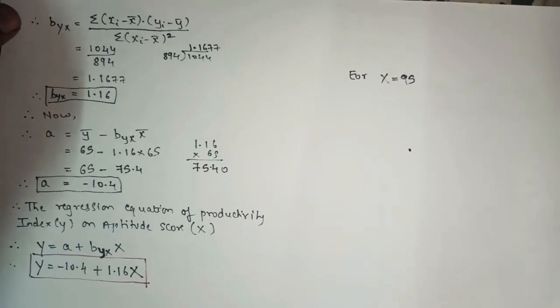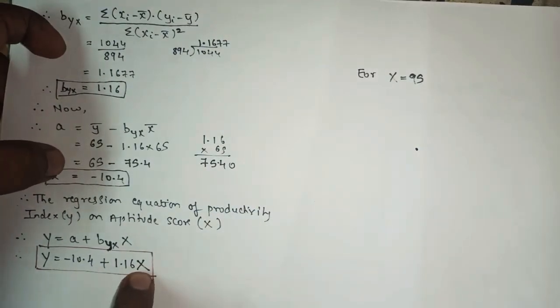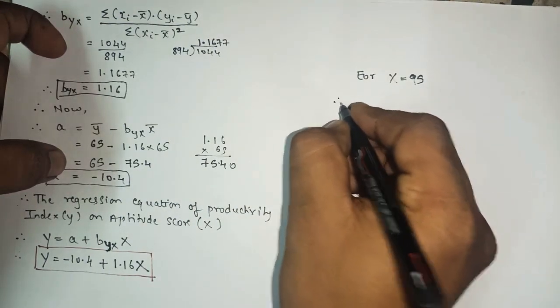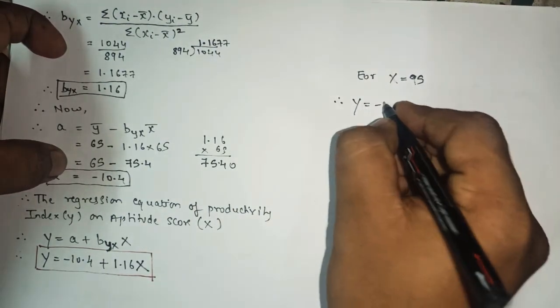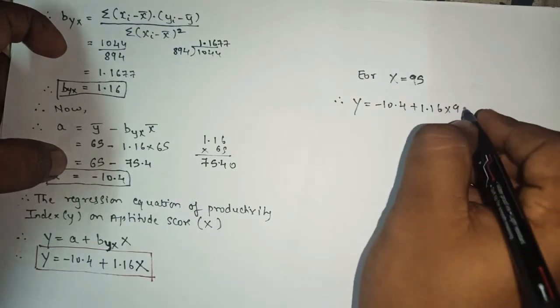So simply what you will do, the value of x, you will replace this x by 95. So let's check what we'll get. So y equals minus 10.4 plus 1.16 into 95.